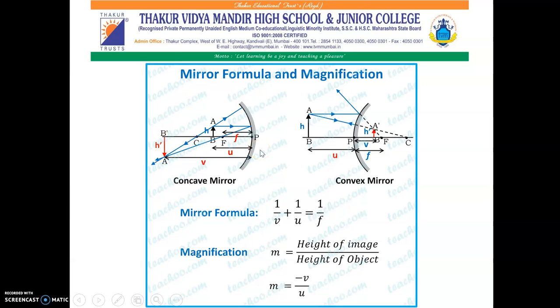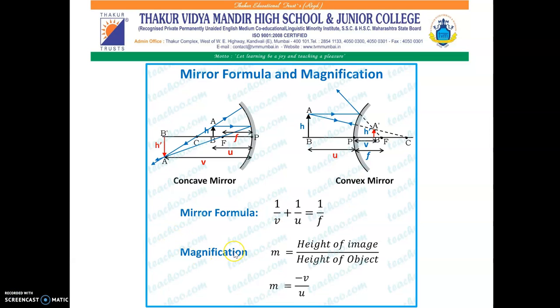The relationship between the object distance, the image distance, as well as the focal length is called the mirror formula, and it is 1/v + 1/u = 1/f. This formula is valid for all the spherical mirrors, for all positions of objects under all circumstances.